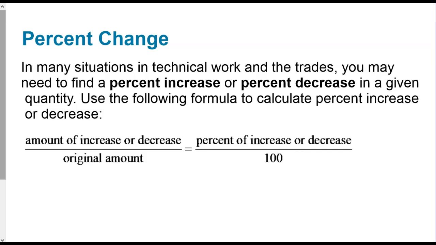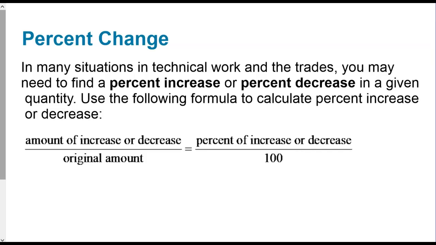We want to look at percent change as well, either a percent increase or a percent decrease. This is used in a lot of different fields, and some of you on your jobs might be looking at percent increase or decrease in business, in sales, or in production.